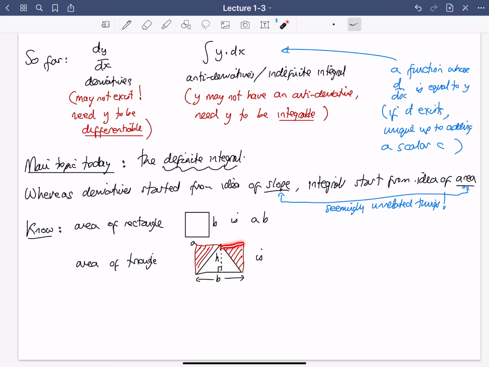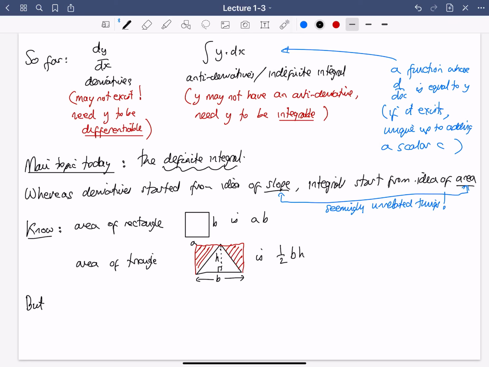I've got an extra copy of it up above. So I've just doubled my area, but I've made it up to a rectangle, and that rectangle, its area is the length of the base times the height of that rectangle, so bh. So the actual triangle, well, it's half of that rectangle. Okay, so the area of a triangle is half base times height. Of course, you all knew that.